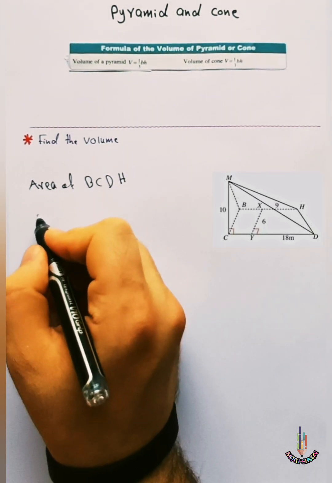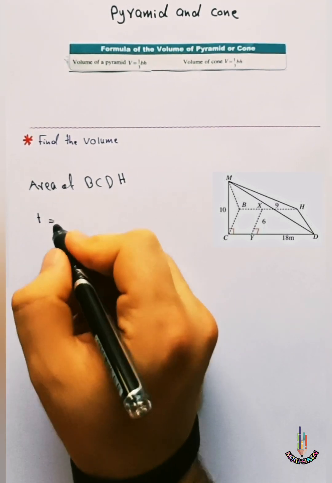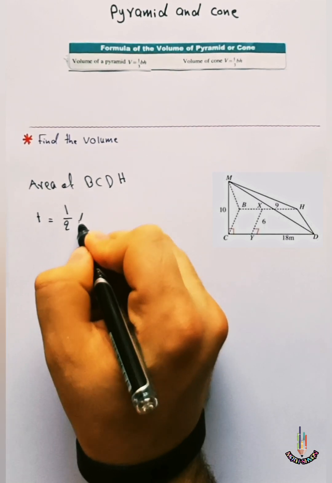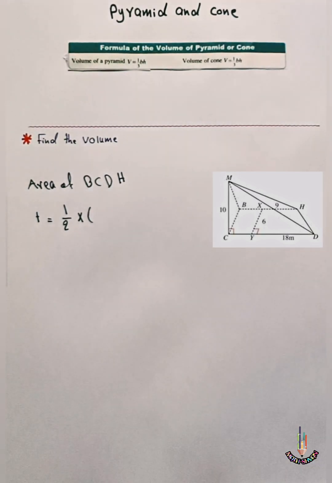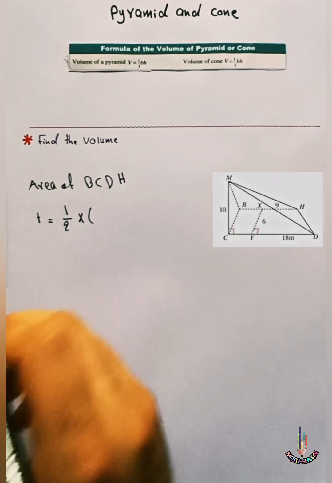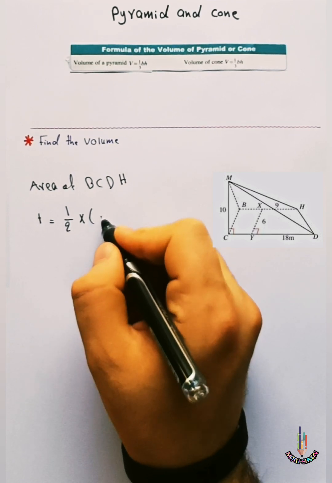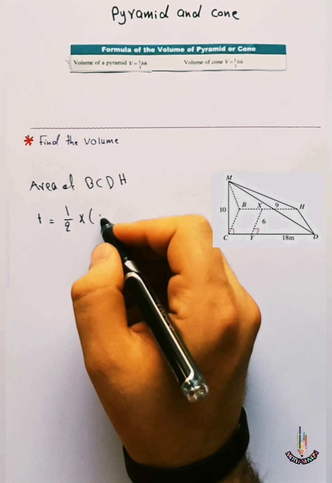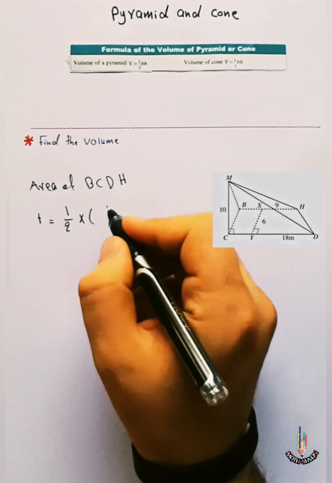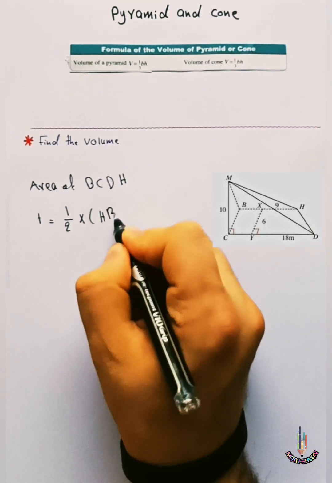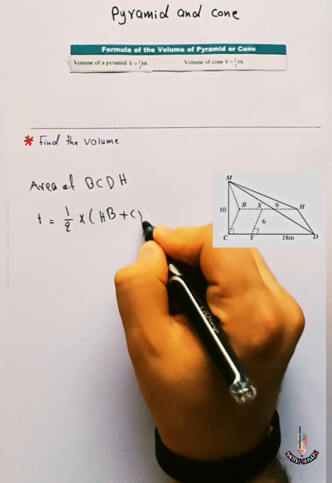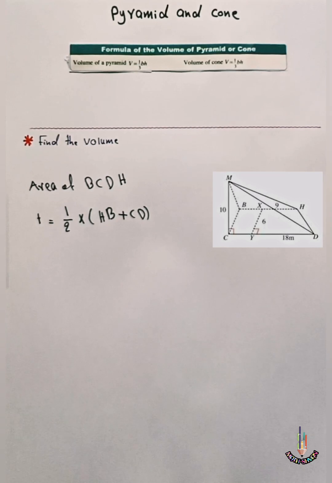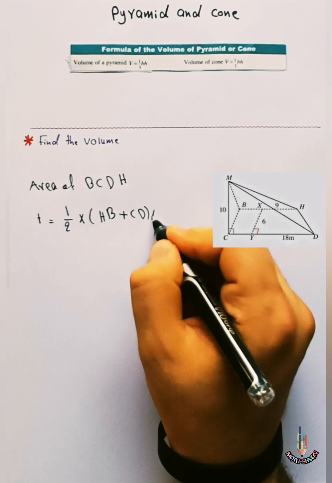So the rule for the area of a trapezoid is 1 out of 2 times height, or we can add base 1 plus base 2, HB plus CD, multiplied by the height XY.